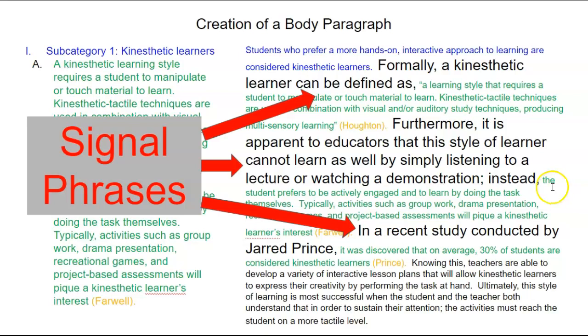Instead, and then we have the part from the fact, the student prefers to be actively engaged, etc. So these black sections, the part that comes before each fact, is really important. That part is from your head. The colored parts are from your outline. The black sections are the parts from your brain that you write as you're going through your paper. And then you might notice there's one last little chunk of black text down here at the bottom.